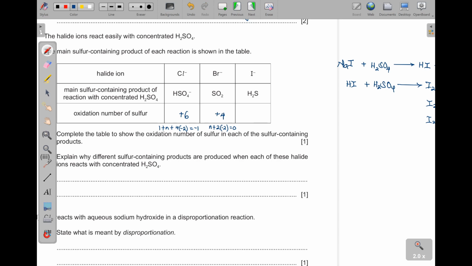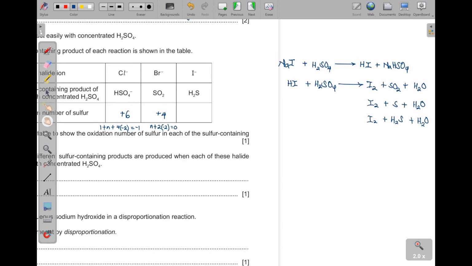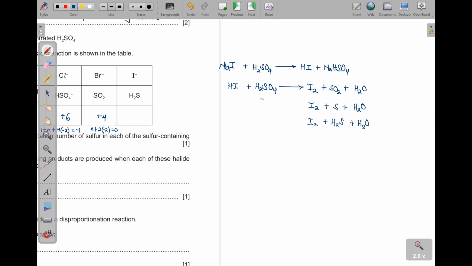Now you can see right from here that if you have this one as +6 and then here it's +4, that is a reduction. So this one has been reduced. It has oxidized this one because this one has moved from -1 to 0, because here the oxidation state of iodine is 0, or even for bromine. Same reaction, okay? So that is that.